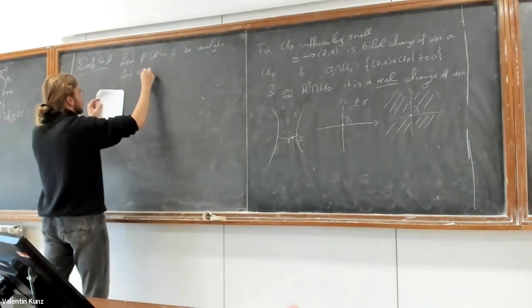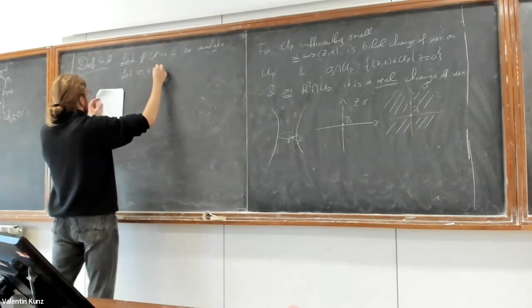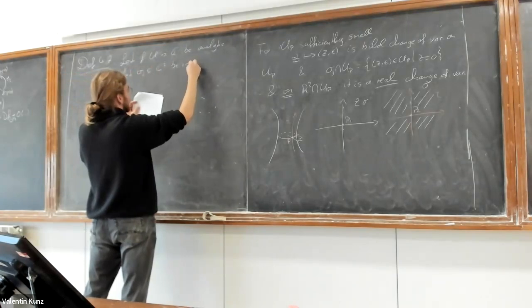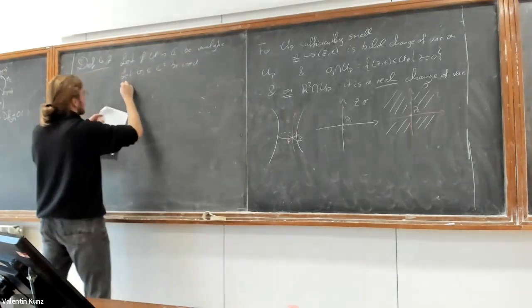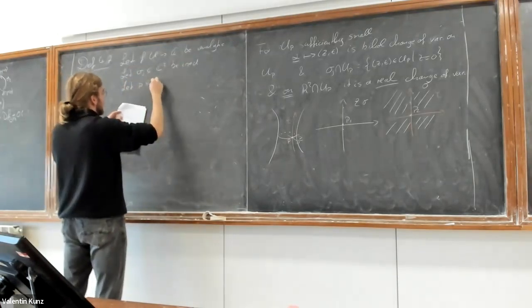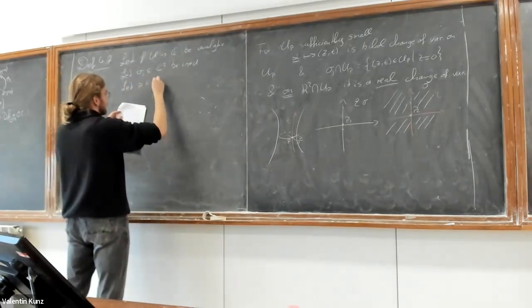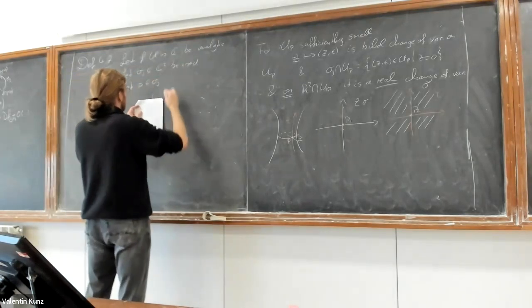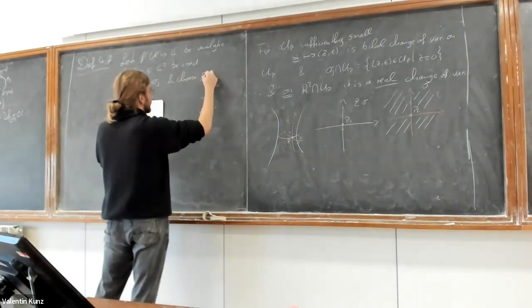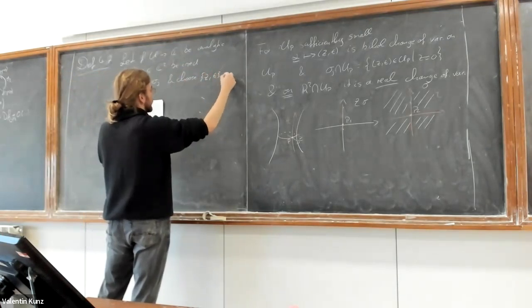Let sigma j be irreducible. Let P be in sigma j, and use our Z, T coordinates as well.